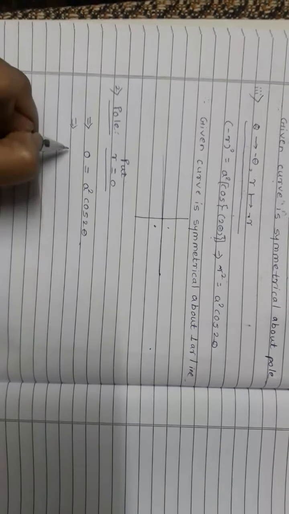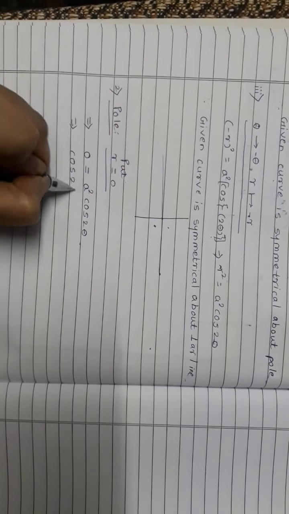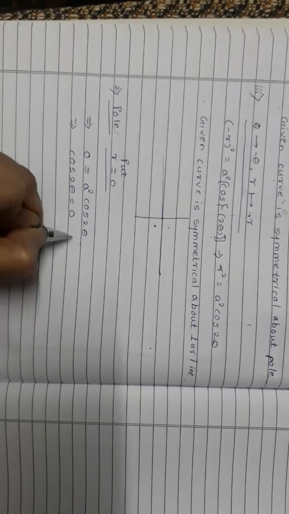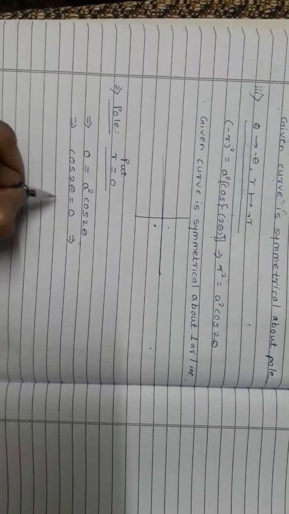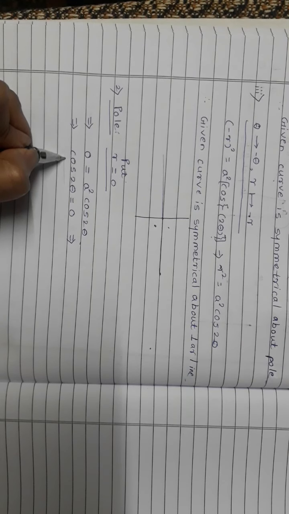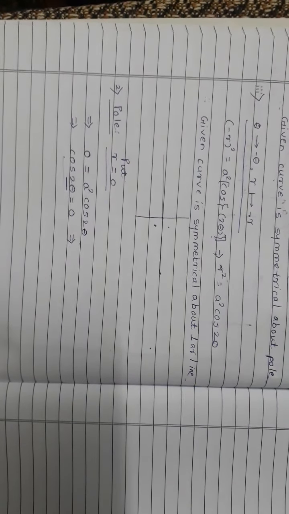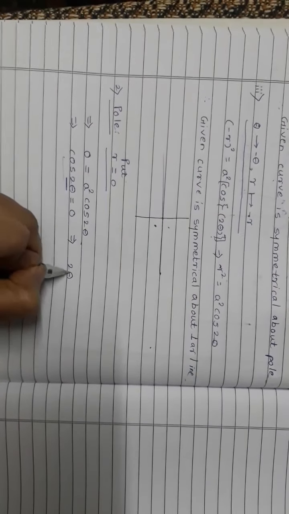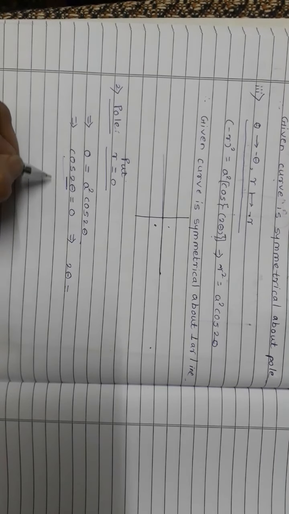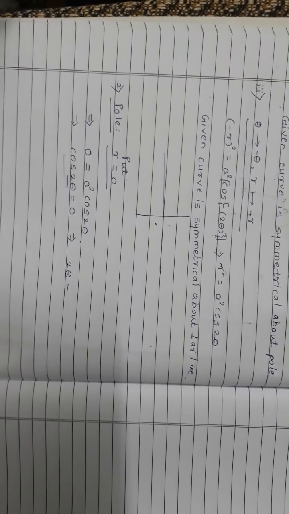A square goes to 0, so what remains is just cos 2 theta equal to 0. For this to be 0, we know that cos becomes 0 at odd multiples of pi by 2.